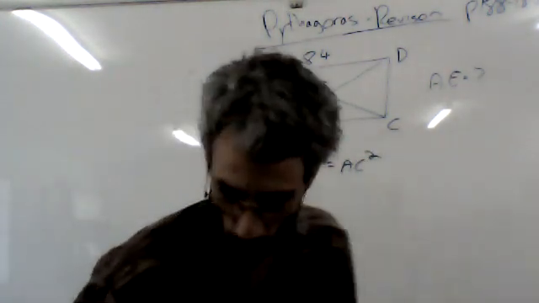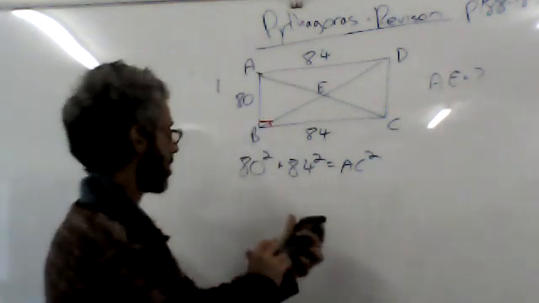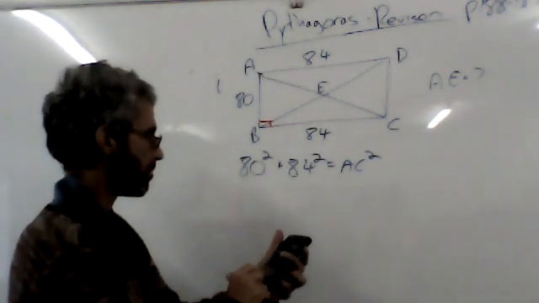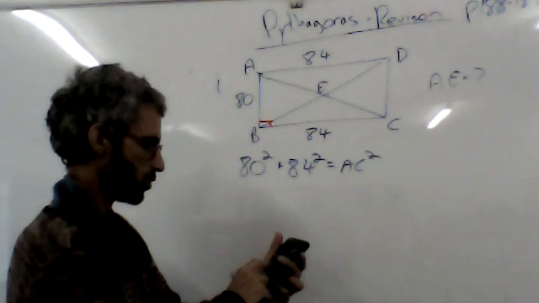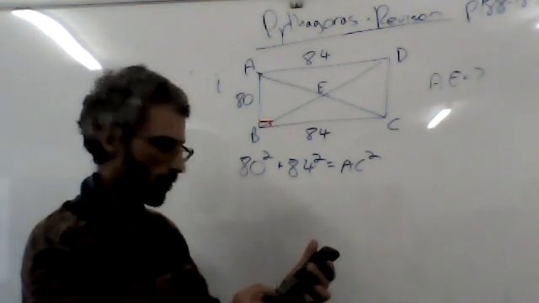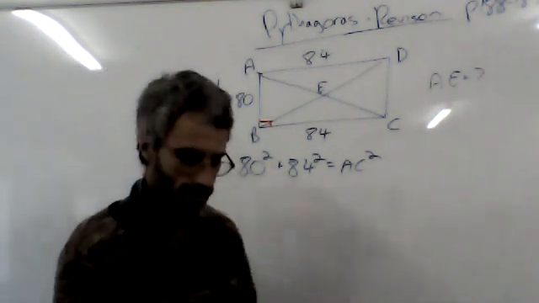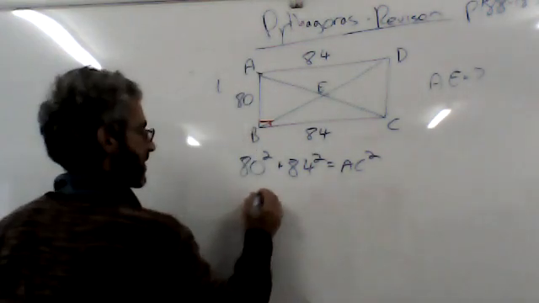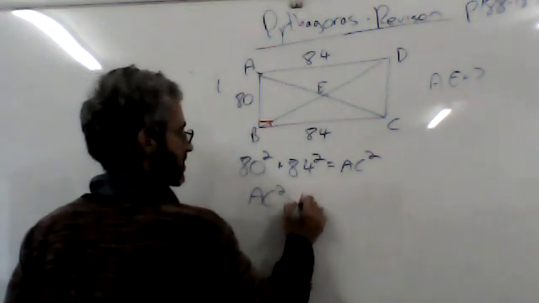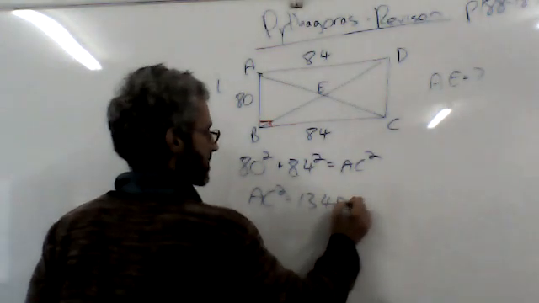So now I'll just use a calculator, and I'll write 80 squared plus 84 squared. Put it all straight away in your calculator, and I got 13,456. So AC squared is 13,456.